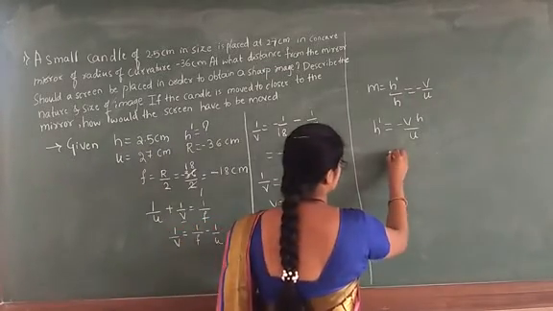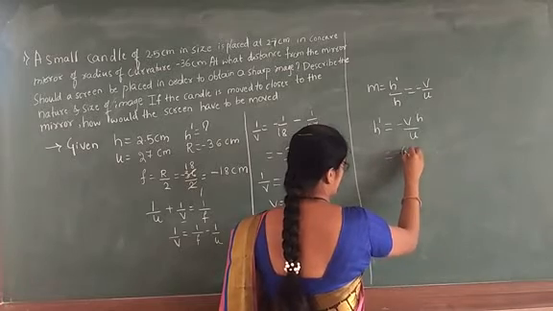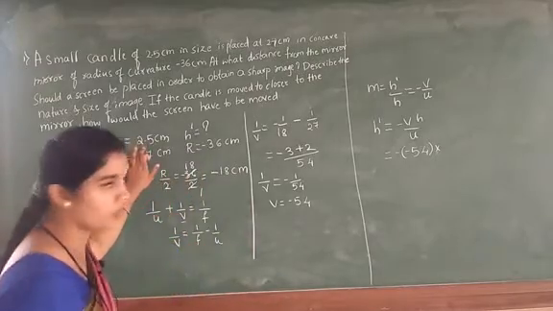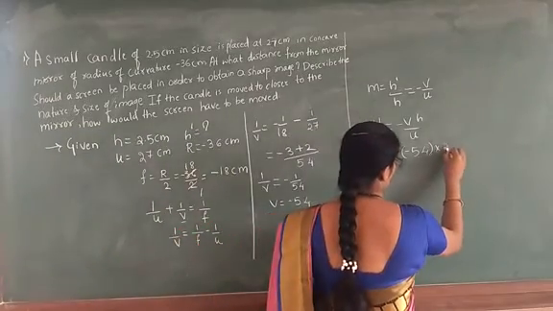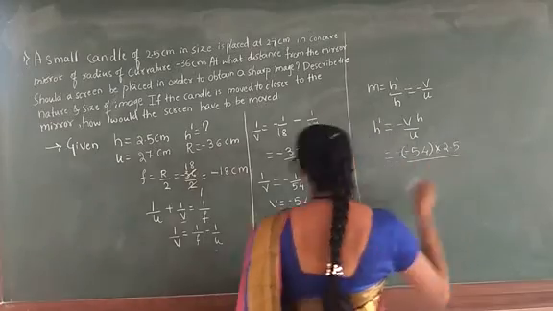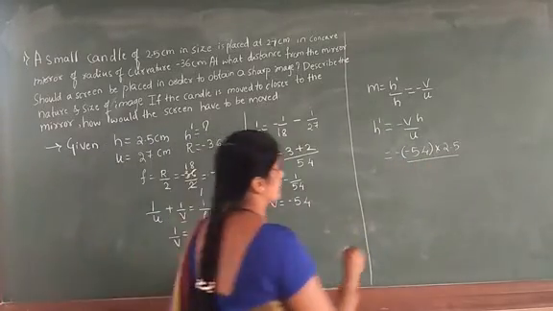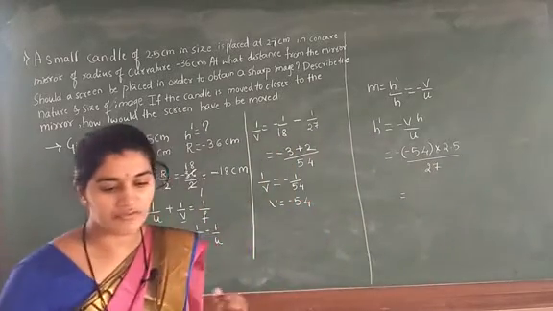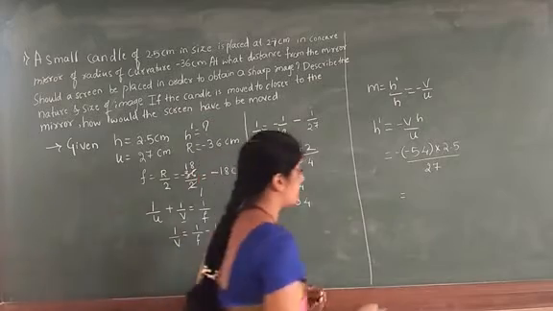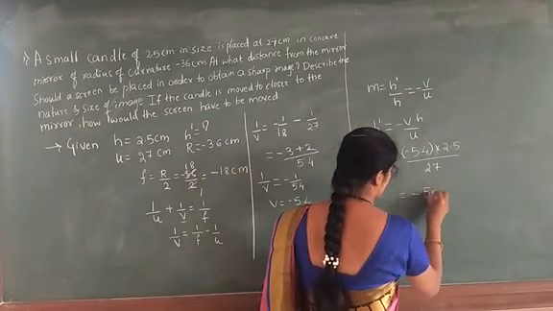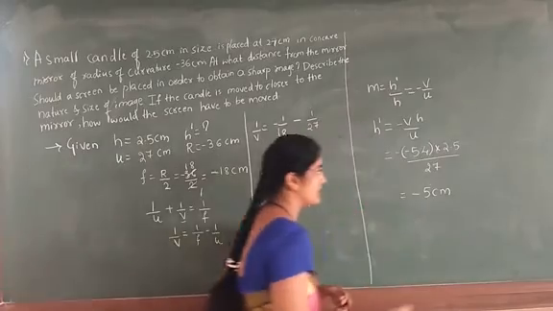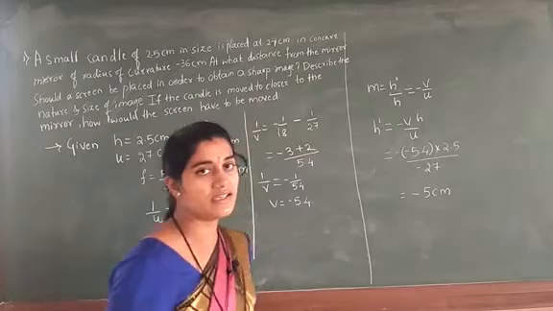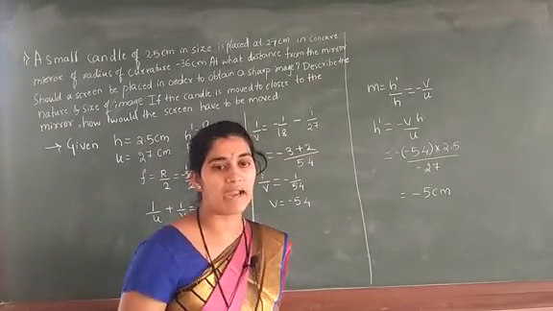Put all the values here: minus v, the value of v is minus 54, into h 2.5 centimeter, divided by u, the value of u is 27 centimeter. From the calculation we get the answer as minus 5 centimeter.